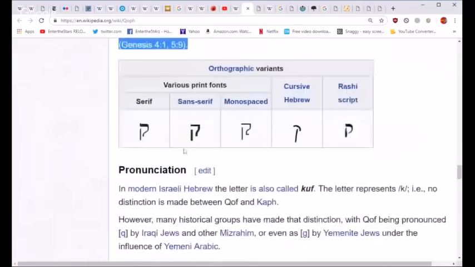Here's the letter. These are larger images of it. And this is what we see in the actual Genesis account. This is how they spell Cain's name. This is the first letter in Cain's name.